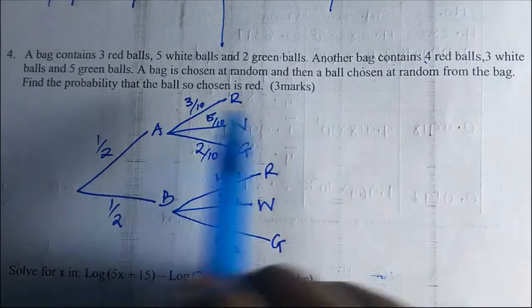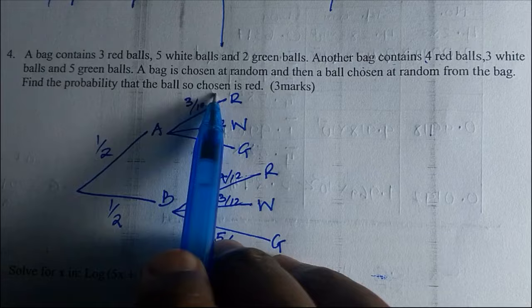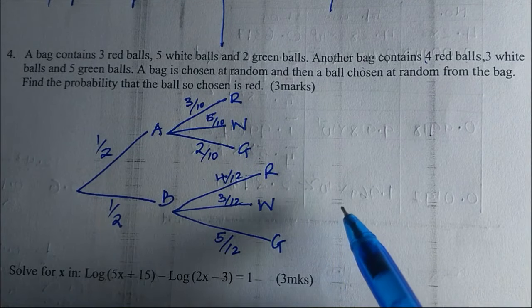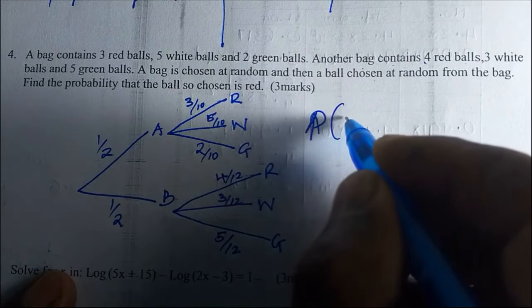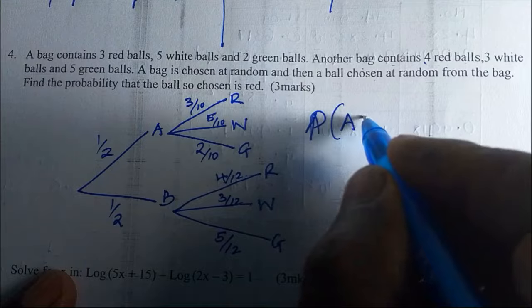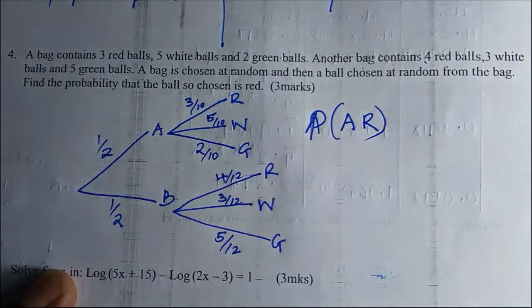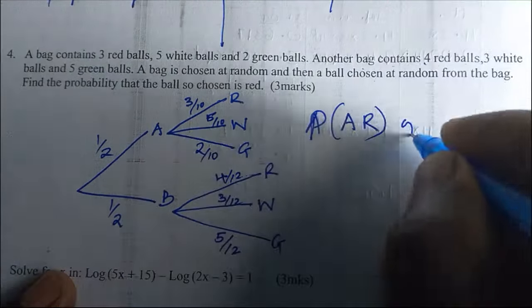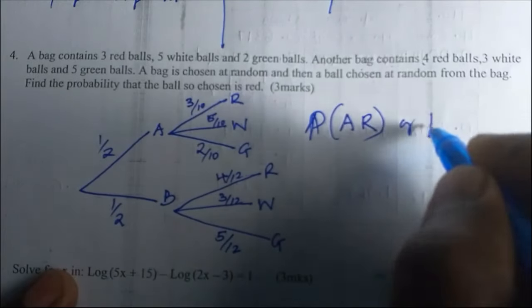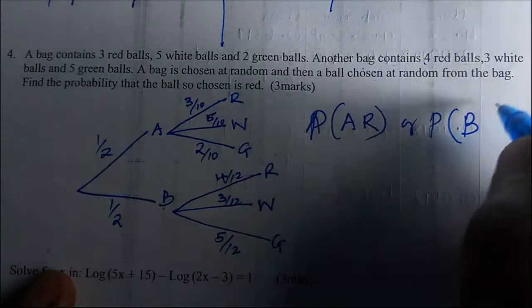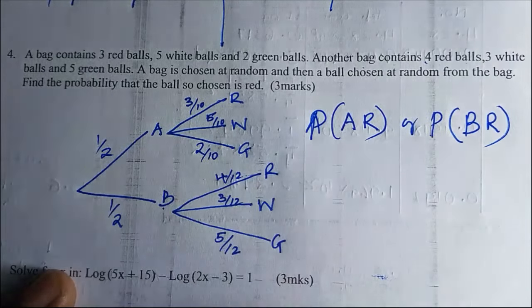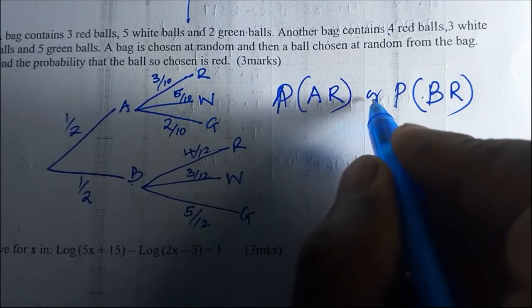Find the probability the ball chosen is red. So we will have probability A red or probability B red. When we talk about or, you add.